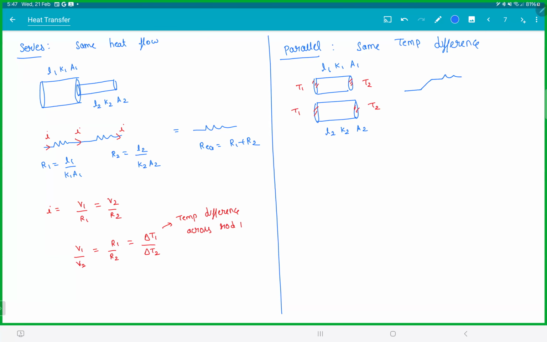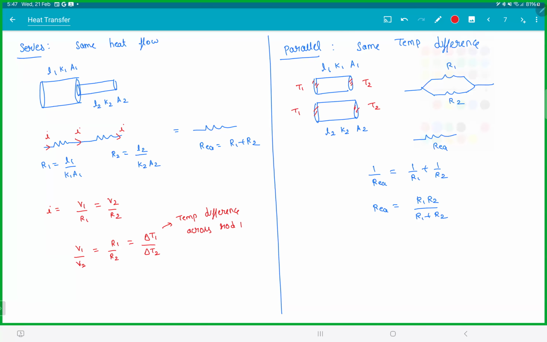So this can be treated as two resistors, R1, R2. This can be replaced by R equivalent, where 1 by R equivalent is 1 by R1 plus 1 by R2. R equivalent is R1 R2 by R1 plus R2.